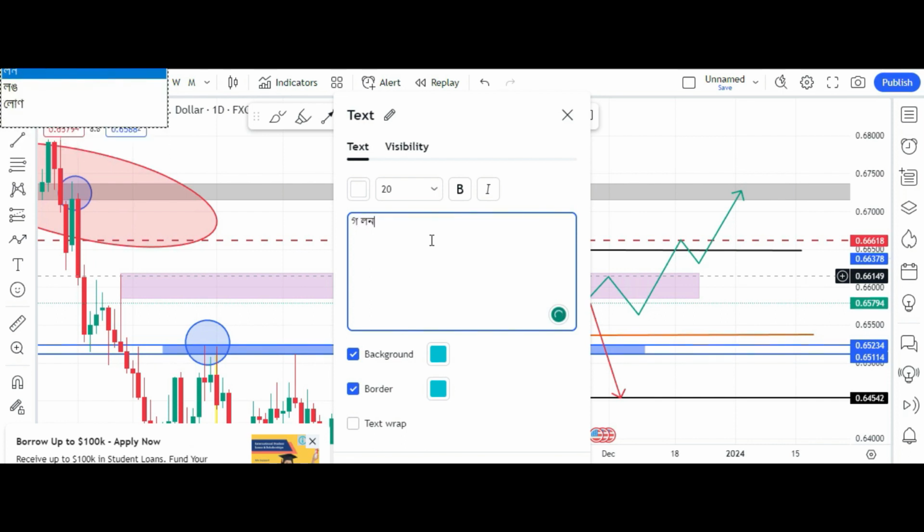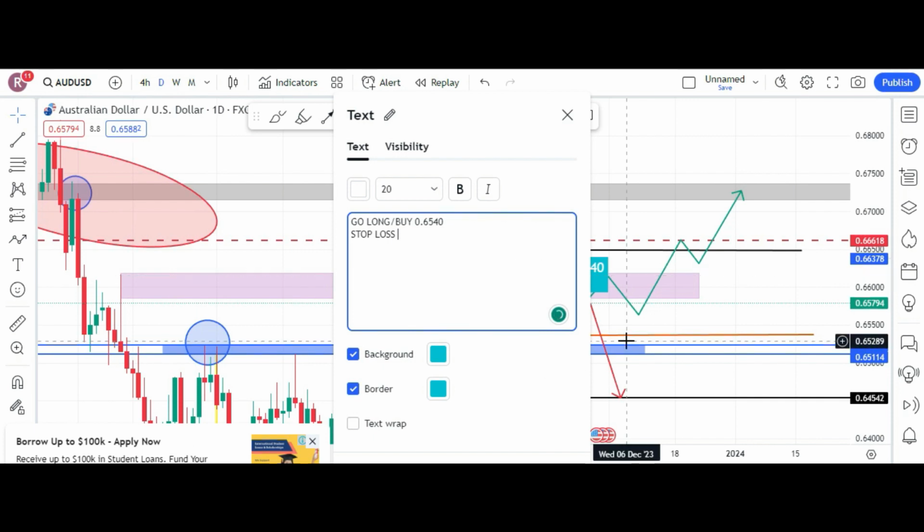Go long. Entry at 0.6540, and stop loss should be, I think this is the last area we should consider. 25 will be fine.